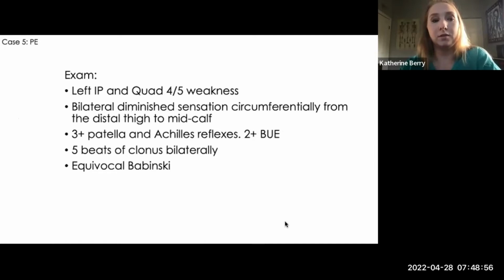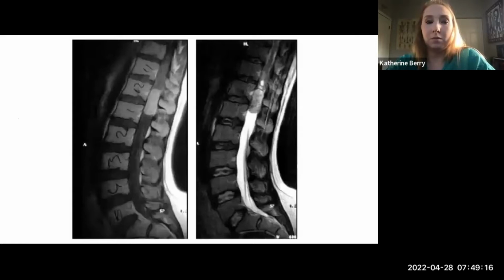On exam, he has left IP and quad weakness, 4 out of 5, and bilaterally diminished sensation from the distal thigh to the mid-calf. He does have 3+ reflexes in the patella and Achilles and 2+ in the upper extremities, and clonus bilaterally with an equivocal Babinski.